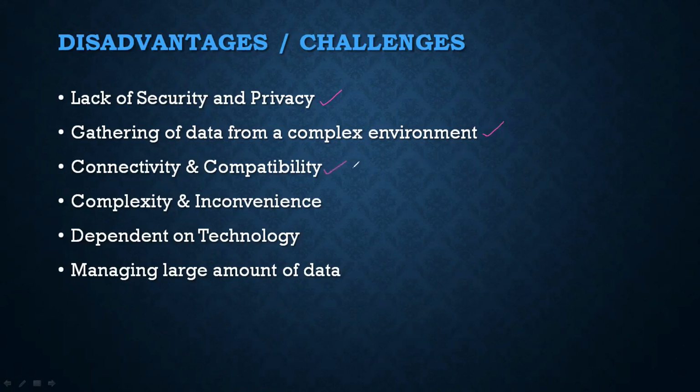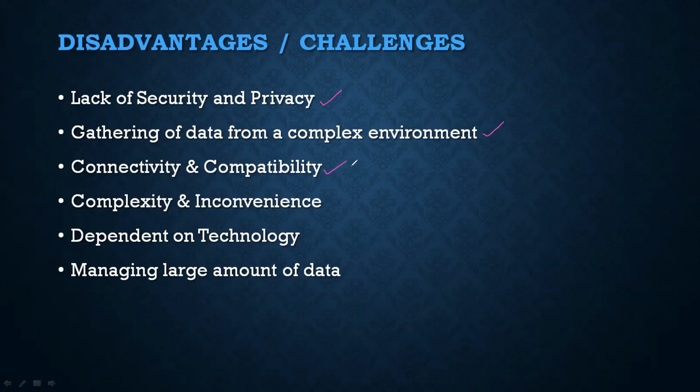Next thing is connectivity and compatibility. Here the things connected in the IoT system, each thing is manufactured by a different company. For example, a mobile phone communicates with the heater, the heater communicates with the coffee machine, which communicates with the car.